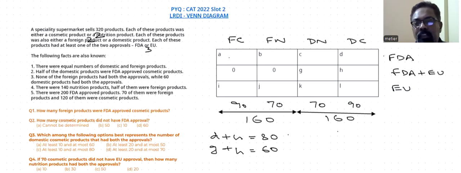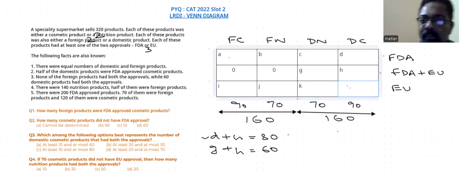Now at this point, we can use this information again. If we go with the fourth column, DC, domestic cosmetics, the sum of D, H and L will be 90. And we have D and H sum up to 80. So this L can now be replaced by the number 10.